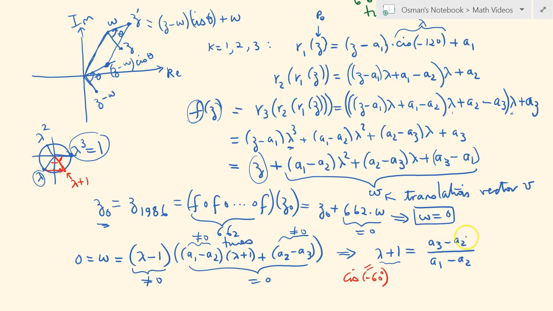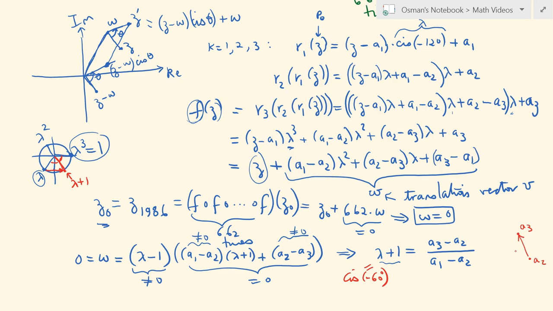So therefore what it means is the numerator, you have a vector, I guess I should say. So we have this vector, point A3, consider this point A3 and A2. So A3 minus A2 is this complex number, and then a1 minus a2 is another complex number like this. So probably a little bit farther away, I guess, right?